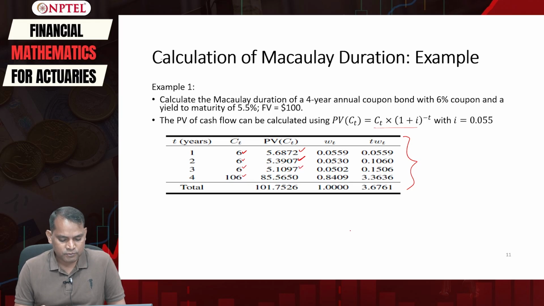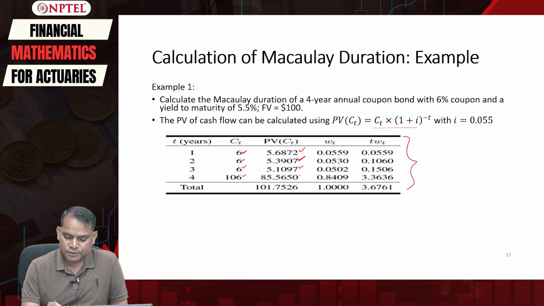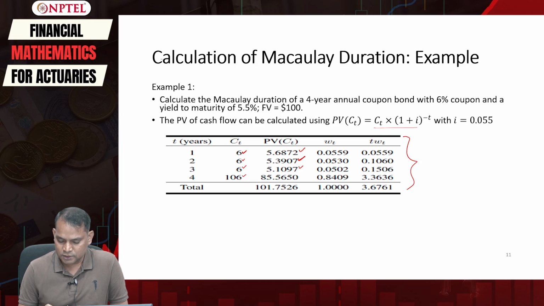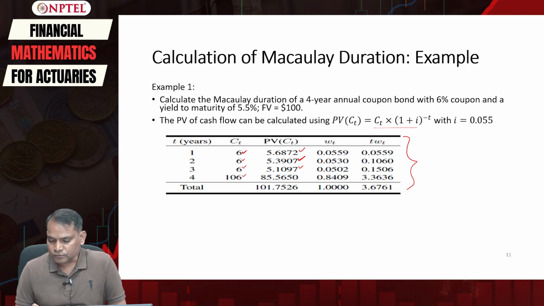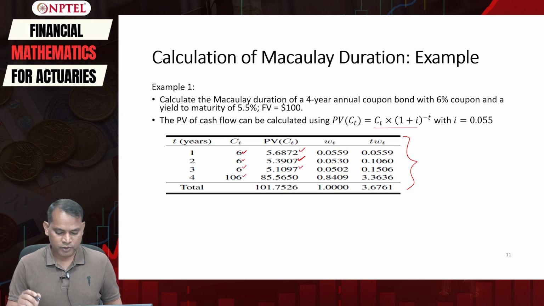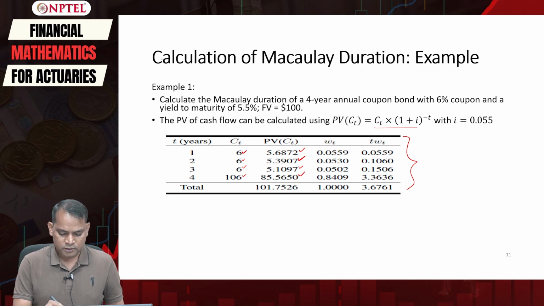In the same way, for the fourth year CT is equal to 106, and then we have 1.055 to the power minus 4, which gives this one.